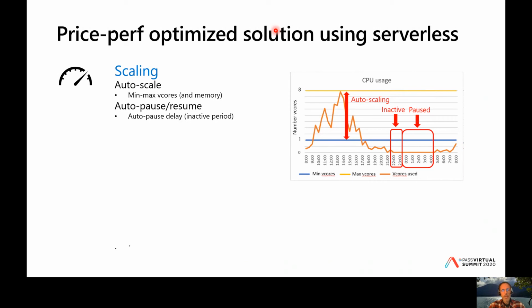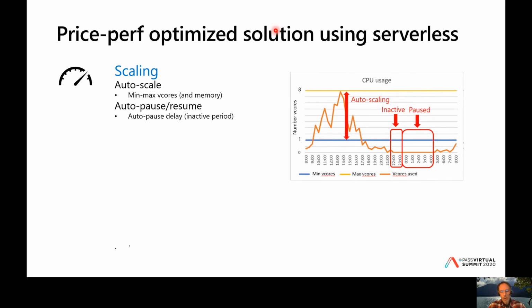Serverless essentially provides two kinds of scaling capabilities. The first is its ability to automatically scale over a range in compute that's indexed by a minimum and maximum number of cores corresponding to a range in memory, which is configurable by the customer.